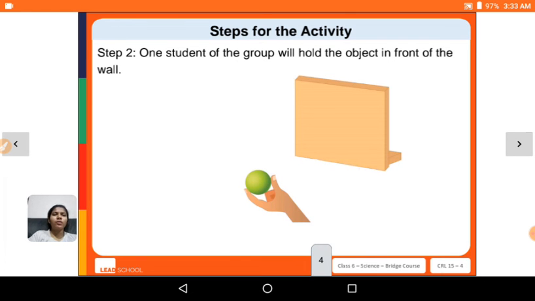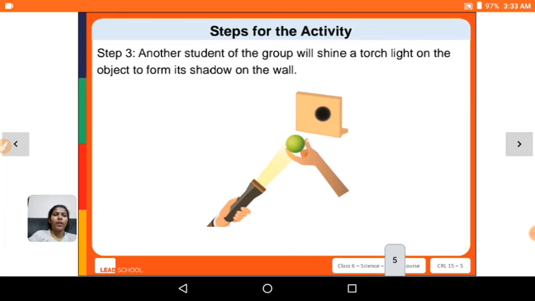So what you will do, take a ball in your hand, take a torchlight, and on a wall put the torchlight on that object, so the shadow will form on the wall as you see in the figure. The ball is an opaque object.